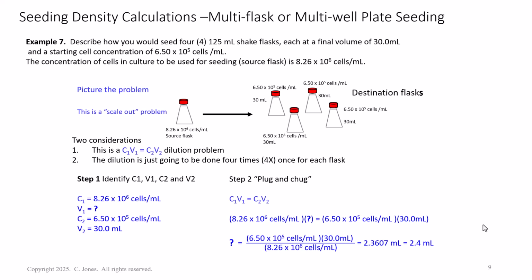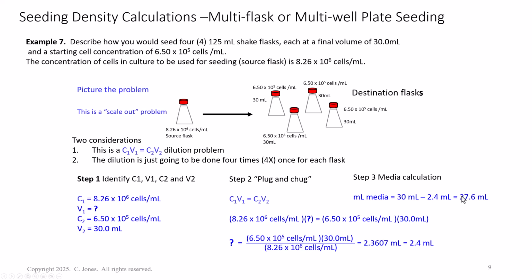So it turns out that we want to do 2.4 mLs from our source flask into each of the destination flasks. Right? And again, we need to calculate the media. And so the media is 30 mLs minus 2.4 mLs, right? Final volume minus the volume of the source cells, or 27.6 mLs.